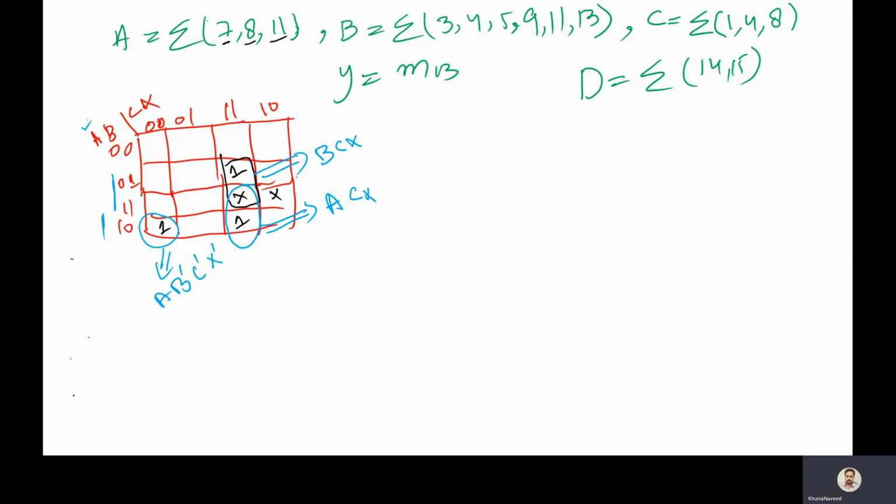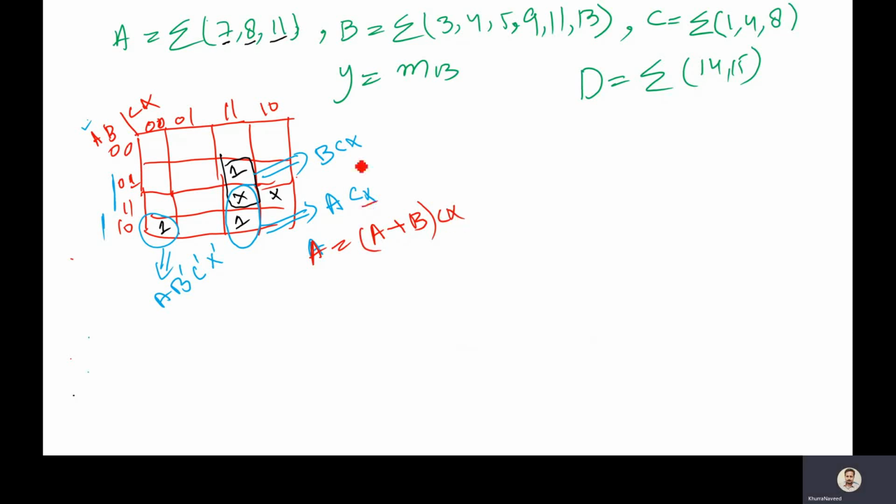So this way, we can find out simplified Boolean expressions for each output. So A in this case would be A plus B into CX.